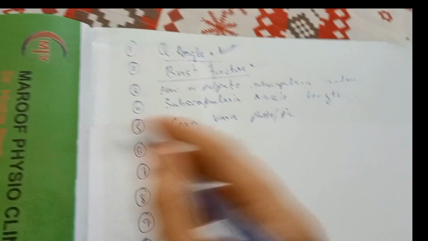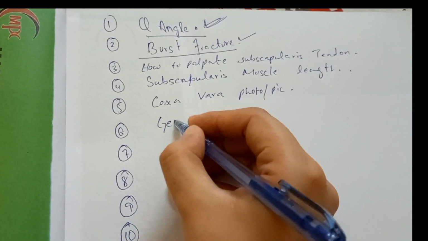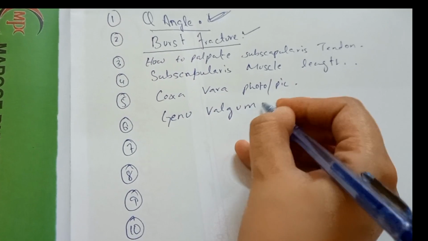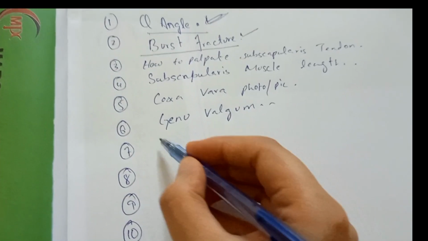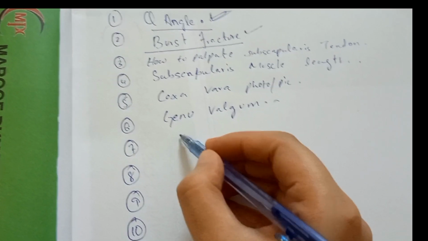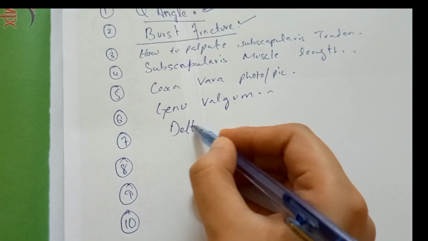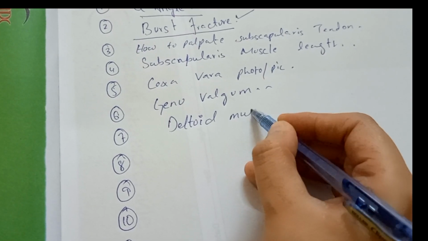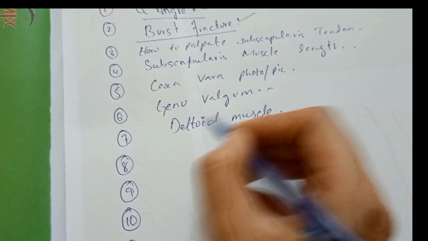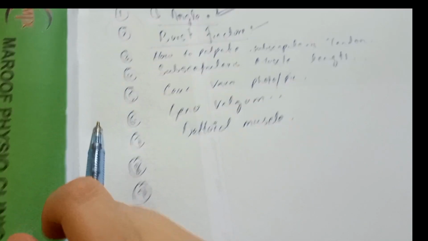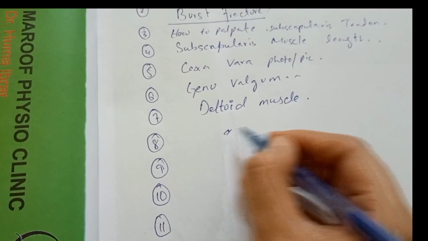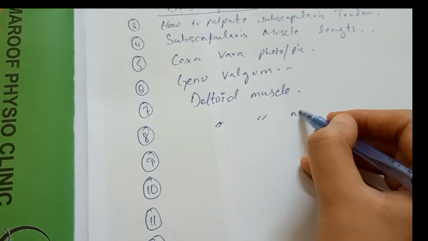Then there was genu valgum. Then there was a question about the deltoid muscle. I think these were some pictures that were shared and you would have to guess that one. After that there was a question about deltoid muscle nerve supply.